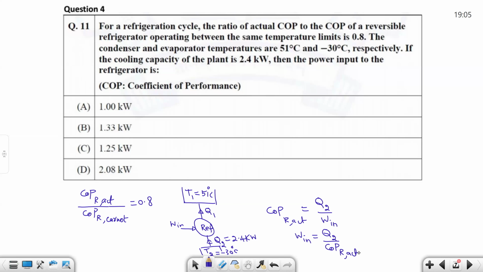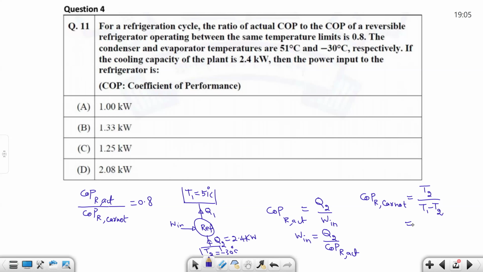So this you can find by getting the Carnot COP of refrigerator. COP of refrigerator Carnot is equal to T2 by T1 minus T2.